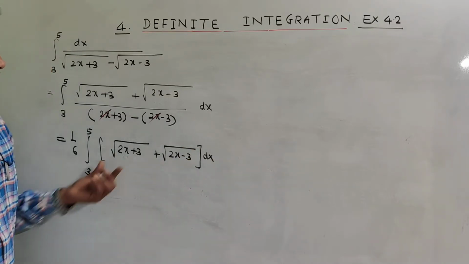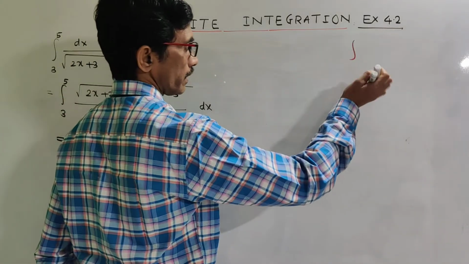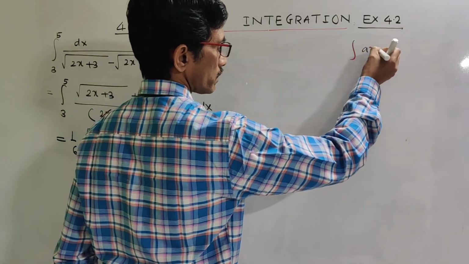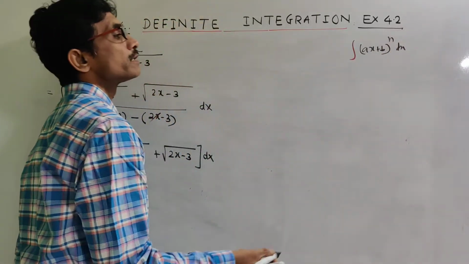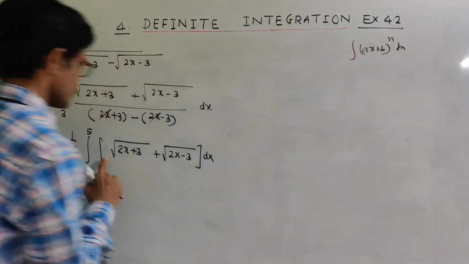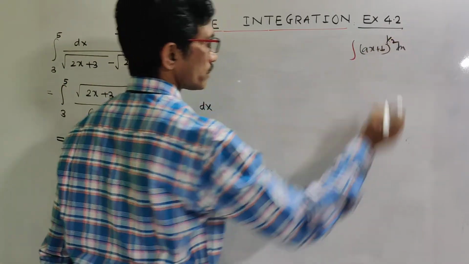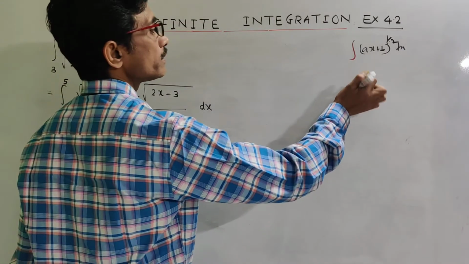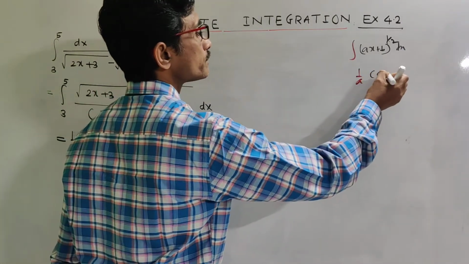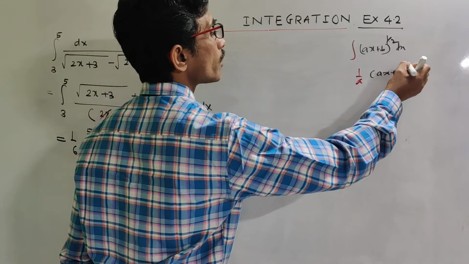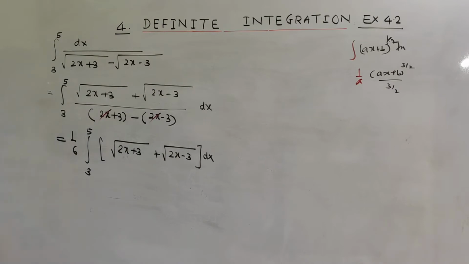Now, the integral of (ax plus b) raised to power n dx, here specially root is there, so we can write it raised to power 1 by 2, and it will be 1 by a times (ax plus b) raised to power 3 by 2 upon 3 by 2.